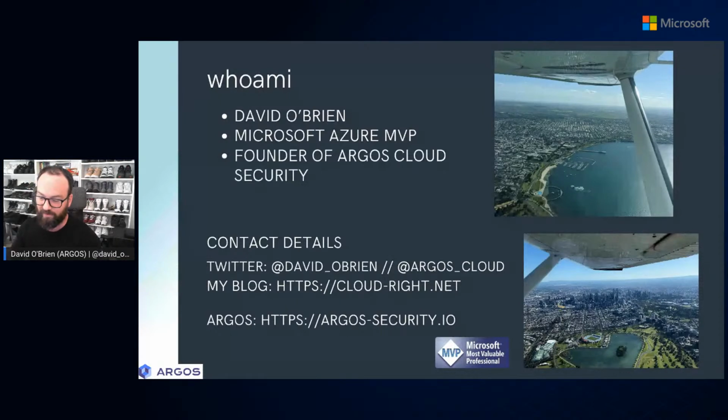If you've watched the Formula One just recently, it's close to Melbourne, you see the racetrack here around Albert Park Lake. I also like to fly planes around Australia, so that's another hobby. If you want to get in touch to talk about IT, startups, or aviation, here are my contact details. Always happy to help people in the community get started in the cloud and be secure in the cloud.